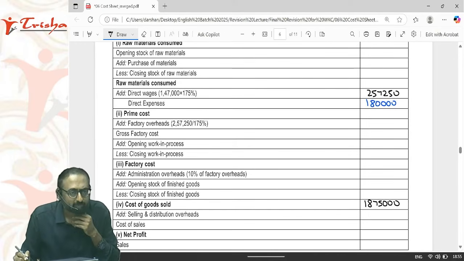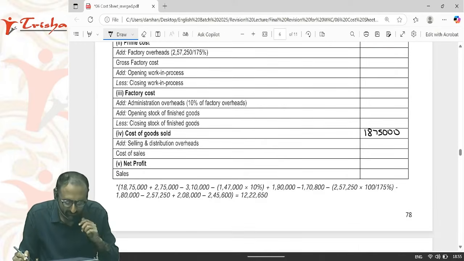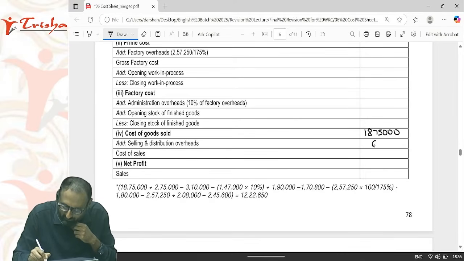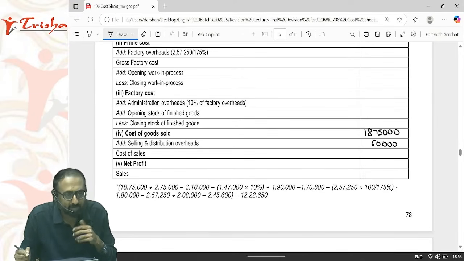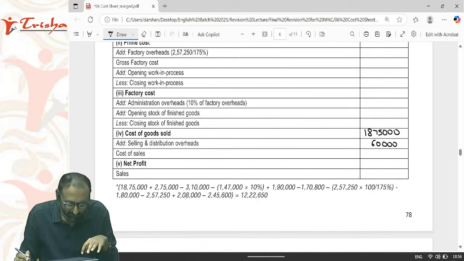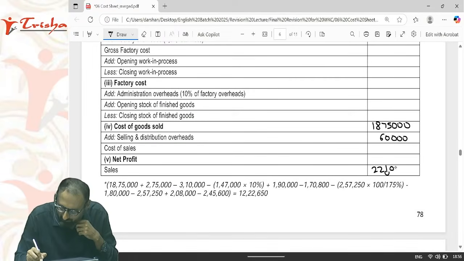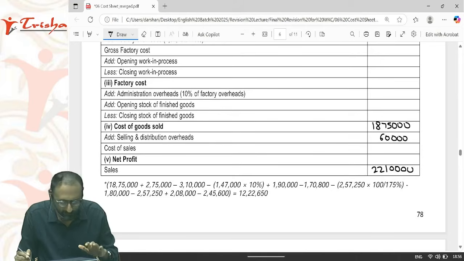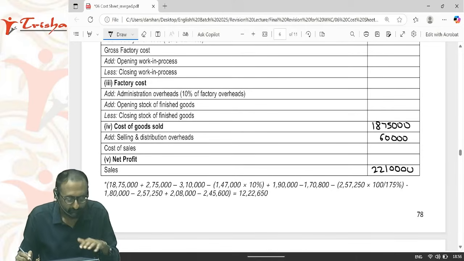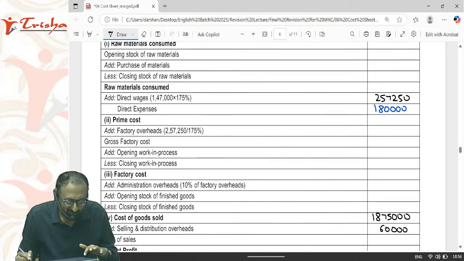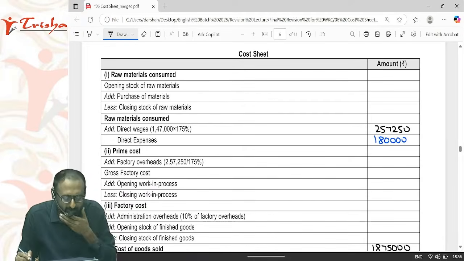Next item, selling and distribution expenses. 60,000 is your selling and distribution expenses. Next one, sales is given. 22,10,000 is your sales. Next item: administration overhead is 10% of the factory overheads.